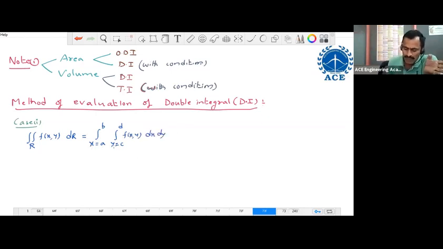Now we have two integrals along with the limits. X limits are a to b and y limits are c to d. When you observe both limits, the limits are constants. With these constant limits, we can write this integral in two ways.